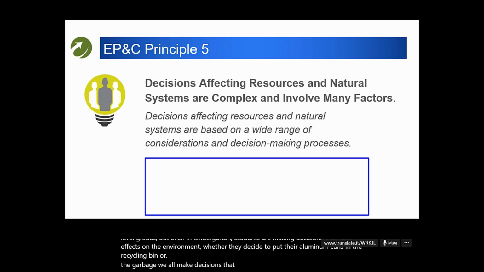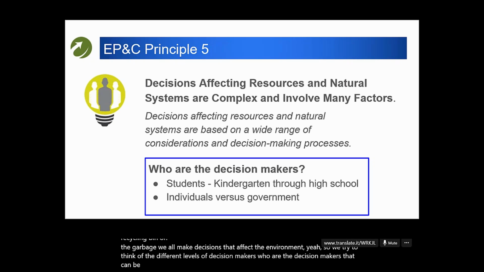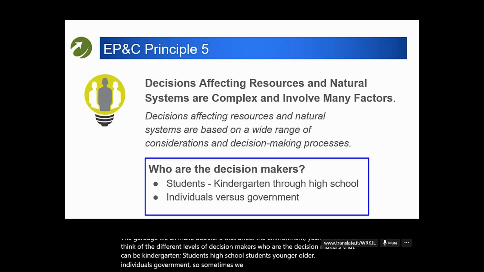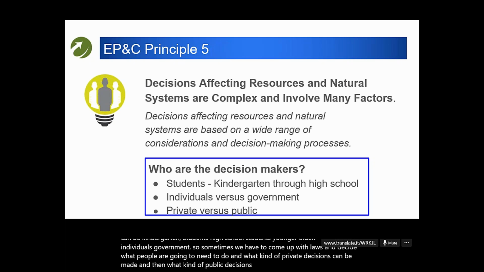Yeah, so then we try to think of the different levels of decision makers. Who are the decision makers? They can be kindergarten students, high school students, younger, older. Individuals, government, so sometimes we have to come up with laws and decide what people are going to need to do. Mm-hmm. And what kind of private decisions can be made, and then what kind of public decisions are made. But we can all do some individual decision making to make a difference.